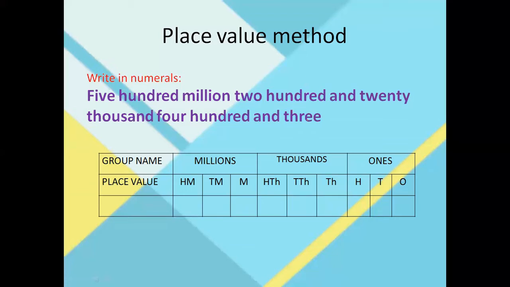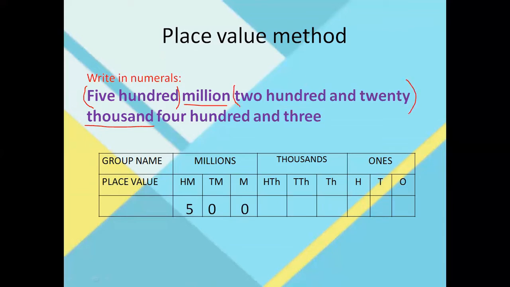Let's see the third one, 500,220,403. So identify the group. There is million and there is thousand. So before the million, we have 500. So I will write 500 in the millions group. Before the thousand, we have 220.